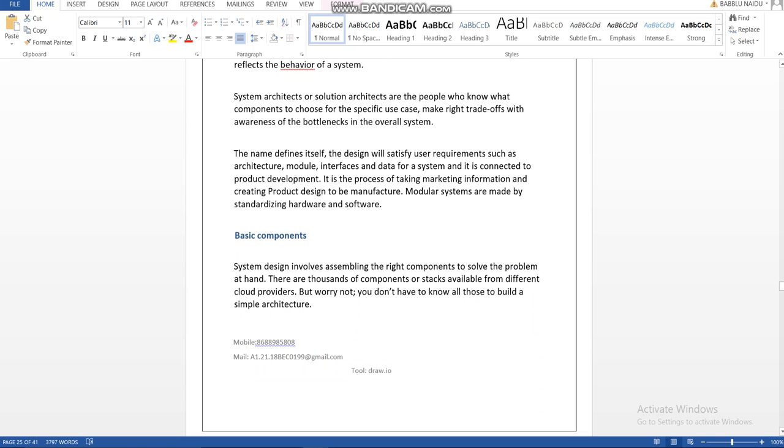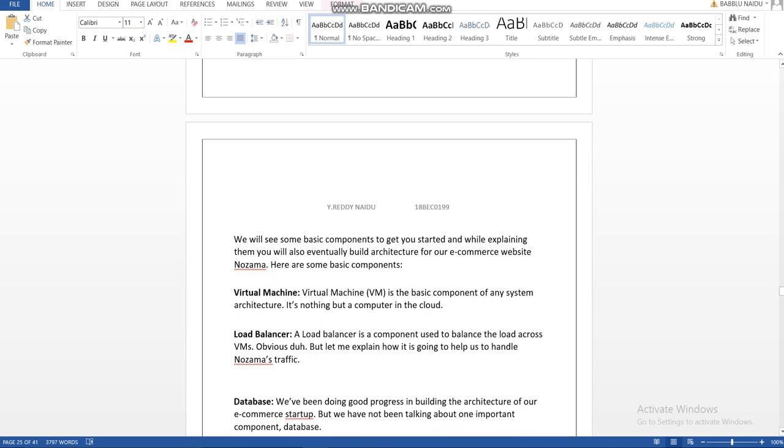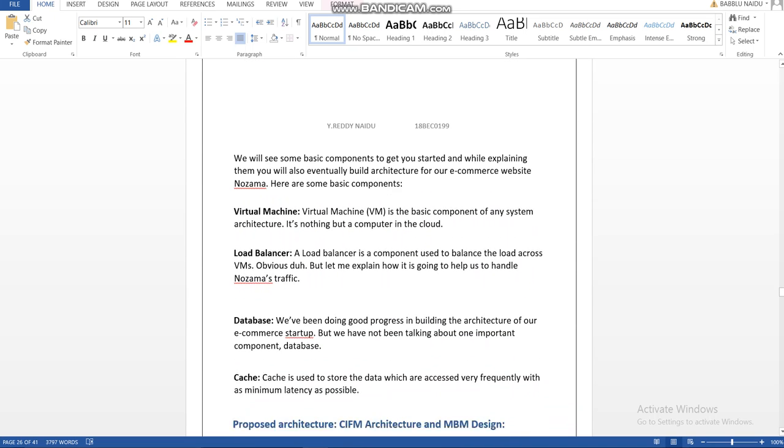System design involves assembling the right components to solve the problem at hand. There are thousands of components or stacks available from different cloud providers, like virtual machine, load balancer, database, cache.